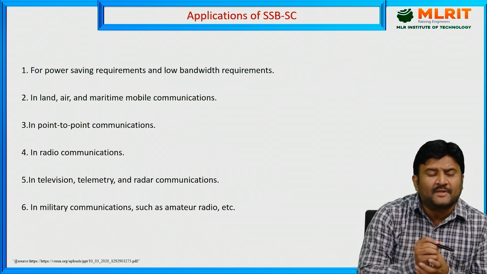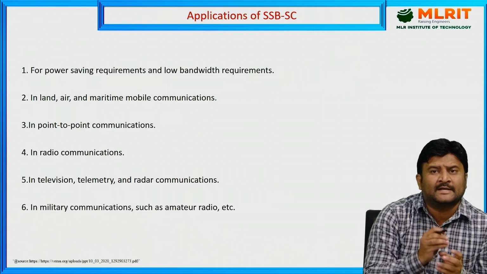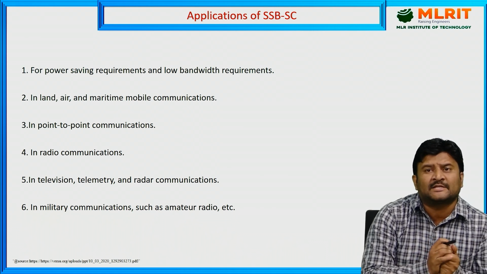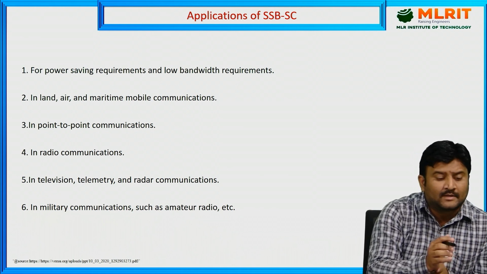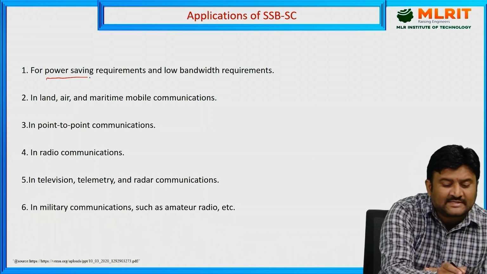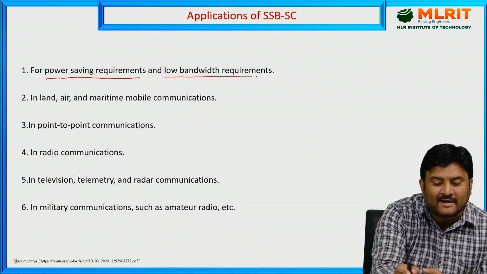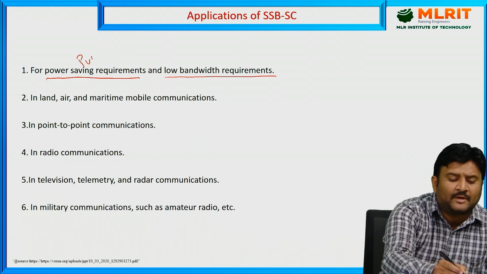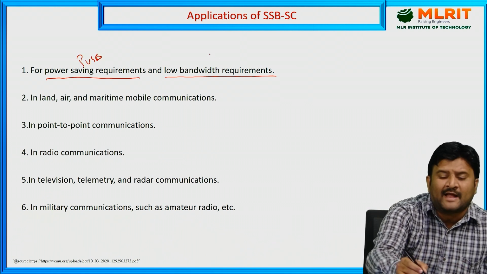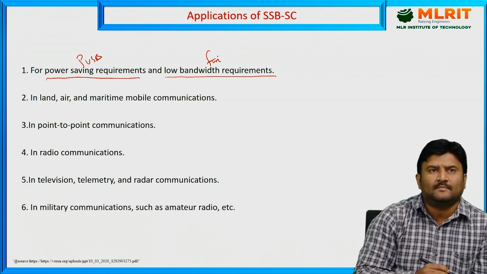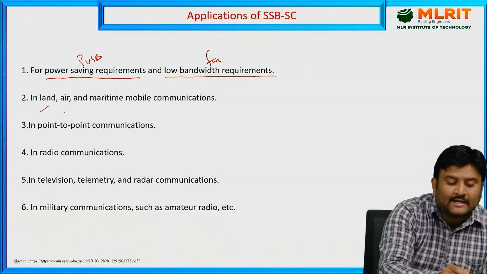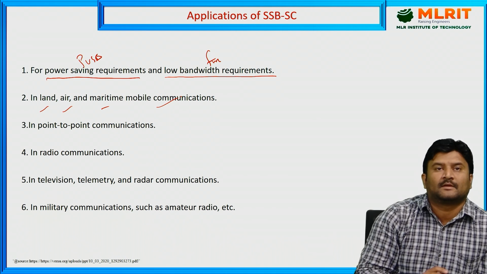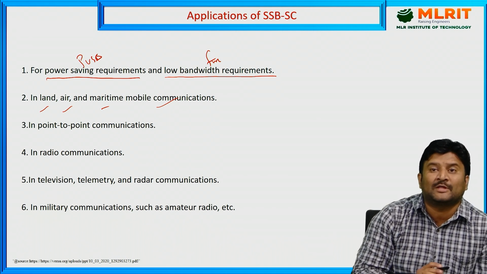Then what are the applications? We know the advantages and disadvantages, so where is this single sideband suppressed carrier system applicable? First of all, for power saving requirements and low bandwidth requirements. Power saving means only PUSB or PLSB, and the bandwidth should be only FM. Next, in land, air and maritime mobile communication systems, we are using this SSB-SC modulation.